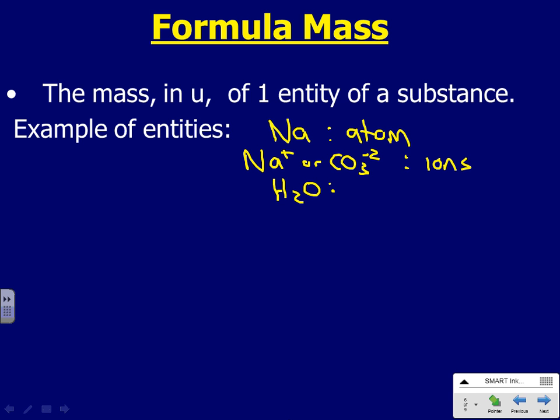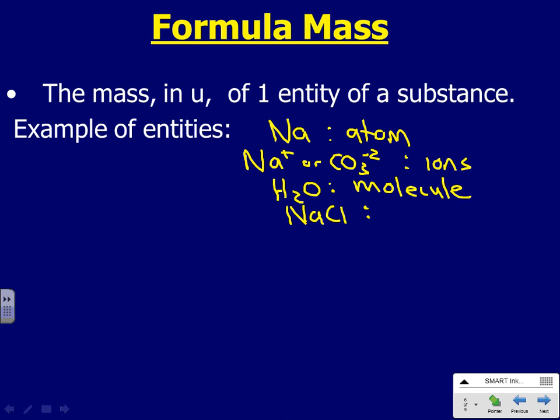And another example could be H2O. What do we call H2O? Yeah, Janessa? Yeah, that's a molecule. Excellent. That's a molecule. And this is the one we always have trouble with. What if I had something like NaCl? What would we call that? Yeah? Water's a compound too, right?